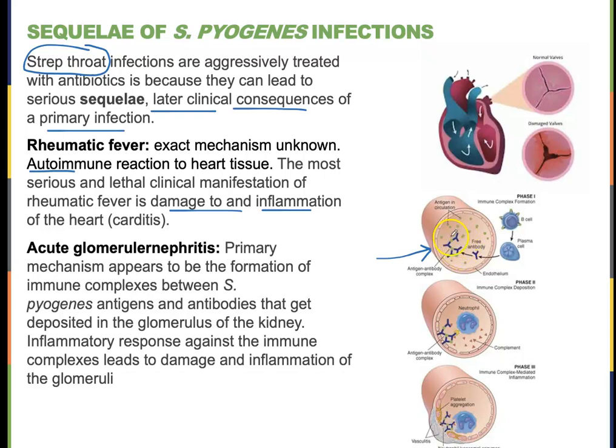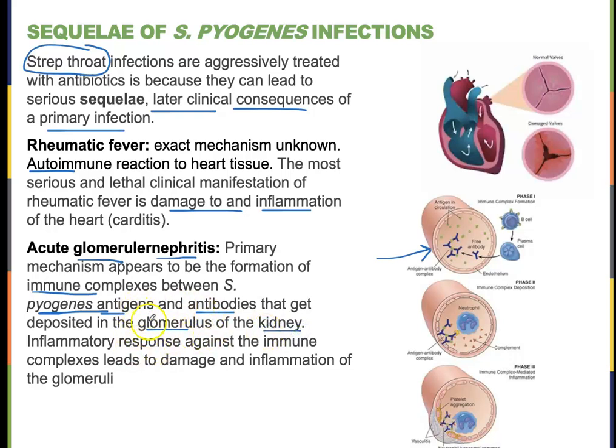And for some reason, this complex, the antibody and the antigen, get deposited in the tissues of our body. In this case, because glomerulo and nephra is for kidney, it's going to be deposited in the blood vessels of the kidney, and it causes inflammation in those areas. So we can see that the immune complexes of the antigens for strep pyogenes, that means itself, and the antibodies against them are deposited in the glomerulus of the kidney.